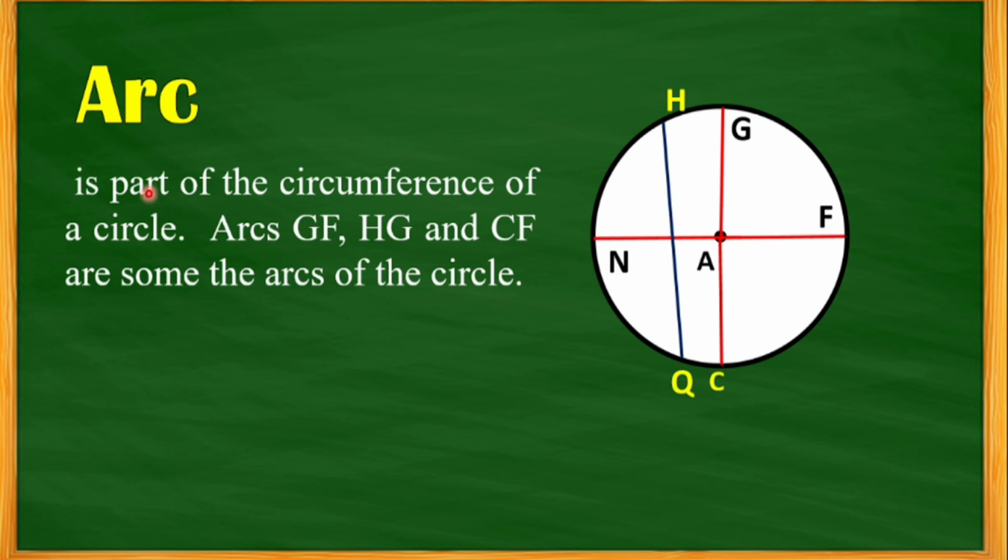And an arc is a part of the circumference of a circle. Arc GF, so this would be the arc. And arc HG, so H going to G, this will be the portion of this arc.